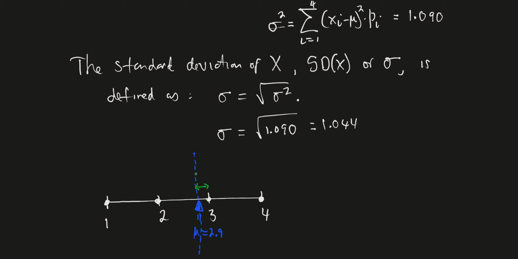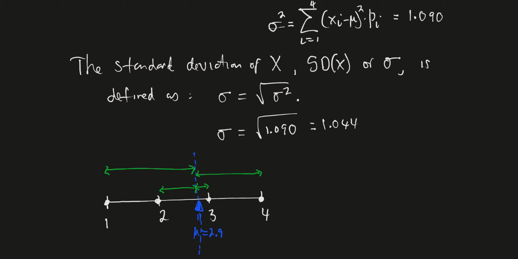So the standard deviation is a measure of, on average, how far is each possible x from the mean. So let's say you think of the mean as some measure of the center, like where are the values roughly centered, right? They're roughly centered at 2.9. Well, the standard deviation gives you, on average, what is the deviation from that center, right?